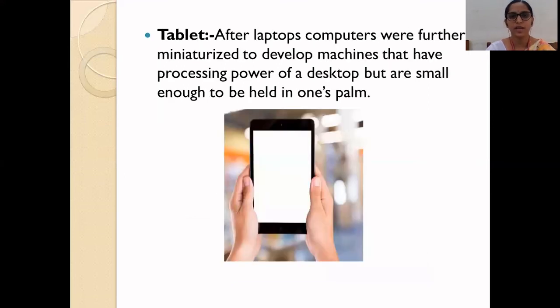Next is a tablet. After the laptop, computers were further minimized to develop machines that have the processing power of a desktop but are small enough to be held in one's palm.